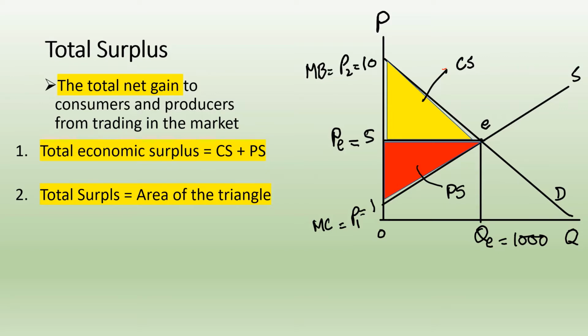On the basis of this information, the consumer surplus we calculated was 2500, and the producer surplus was 2000.